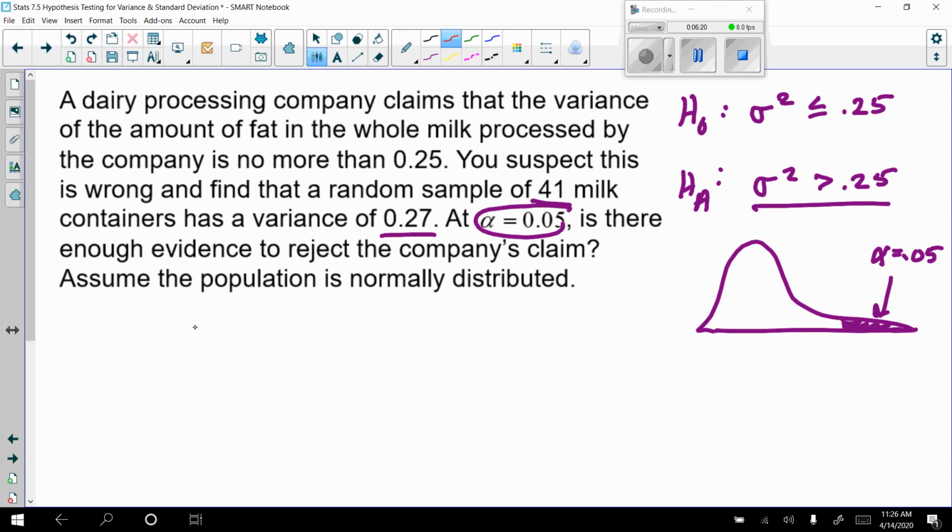From our table, we can get our chi-square value using degrees of freedom equal to 40. We can get our value of 55.758.